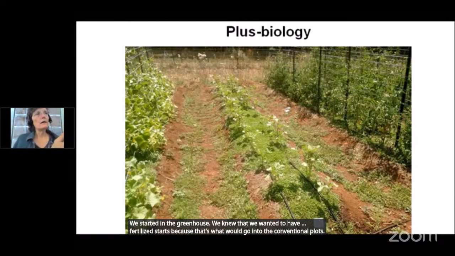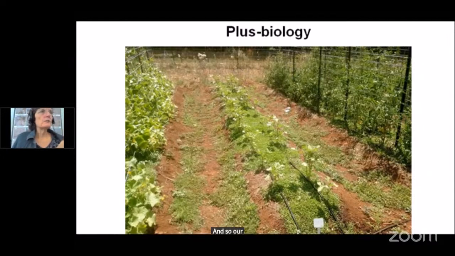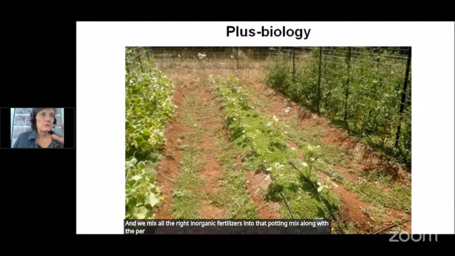And so our starting mix was potting soil we obtained from a commercial source, and we mixed all the right inorganic fertilizers into that potting mix along with the perlite, so totally chemical recommendations, and then started the seeds in that set of trays for the conventional plot.